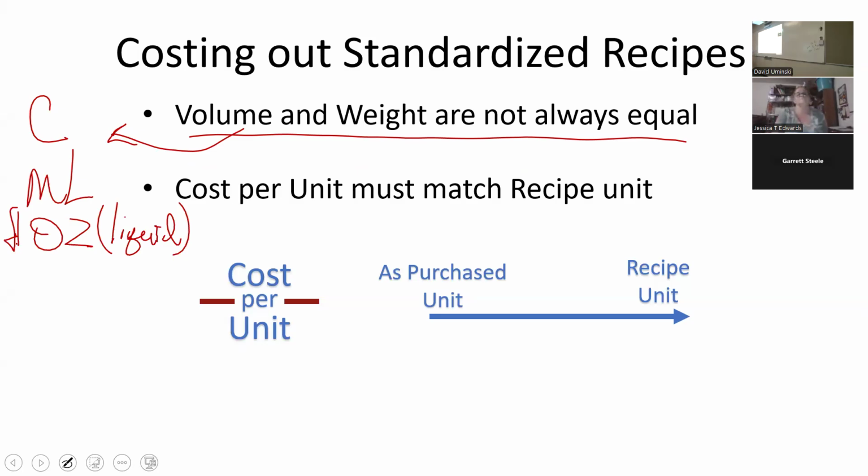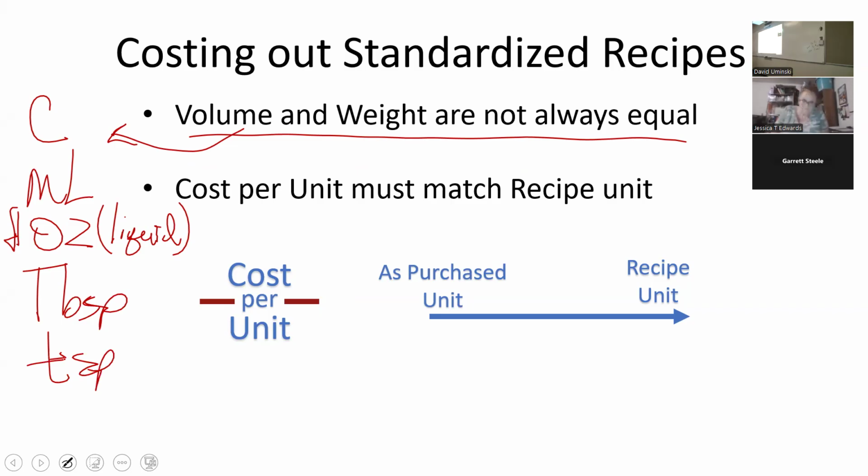If it's a fluid ounce, it's volume. What else? Tablespoon and teaspoon. Okay, quart, gallon, all those are going to be volumes. Weight: ounces, pounds, grams, things like that.